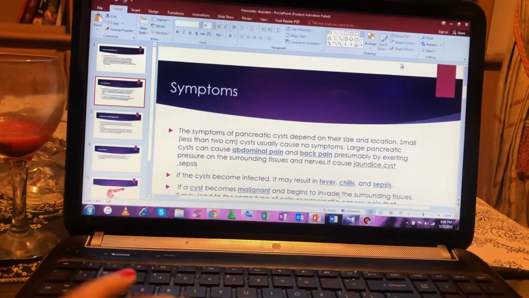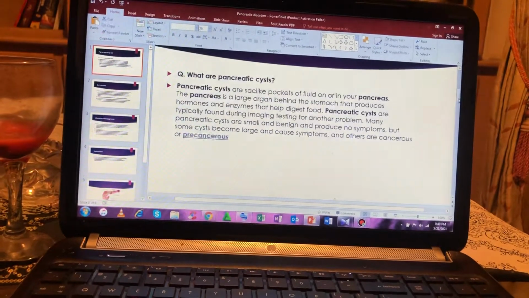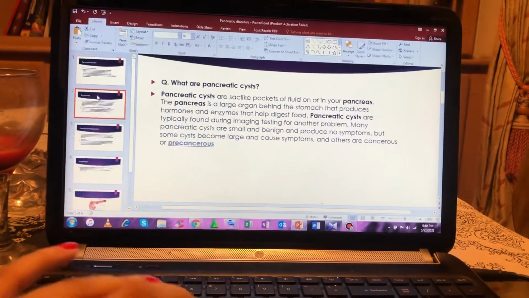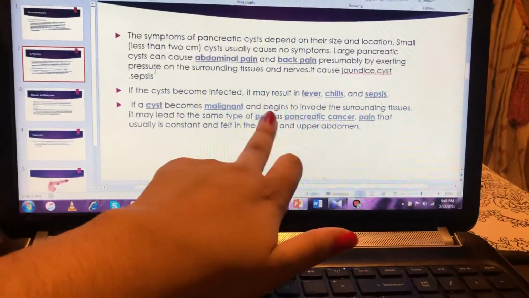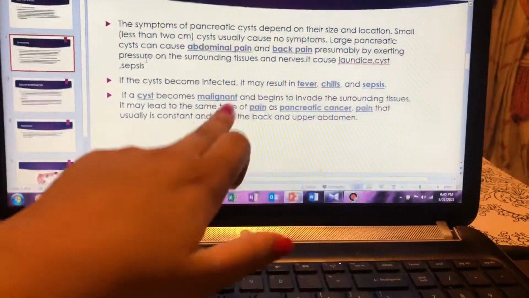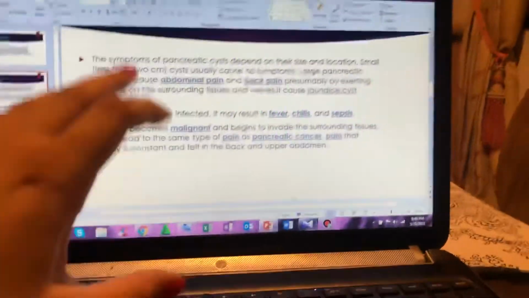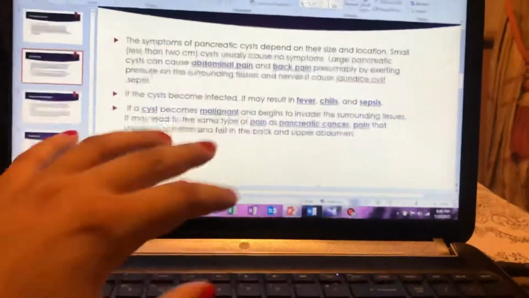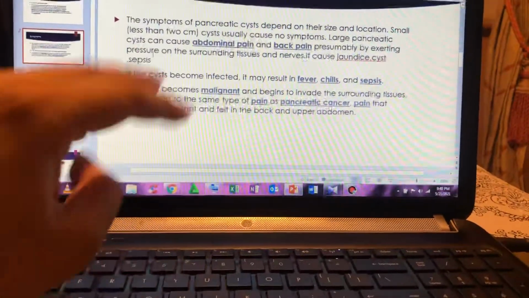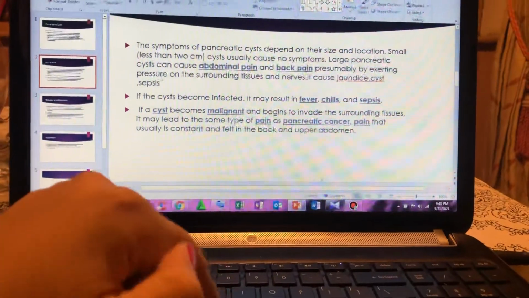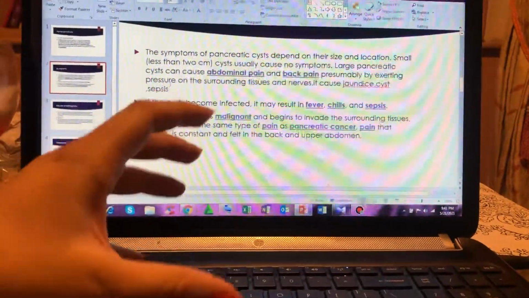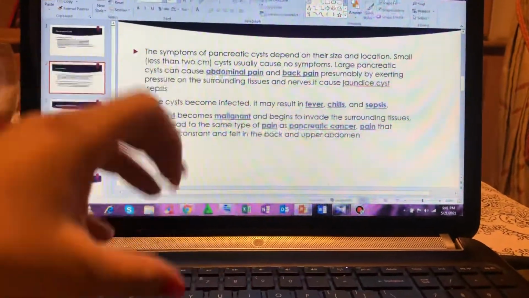If a cyst becomes malignant, what does the word malignant really mean? Okay, let me tell you. A cyst can be of two types, benign or malignant. Benign is the precancerous cyst I was speaking about earlier, whereas malignant is the cyst which will move on to other cells.